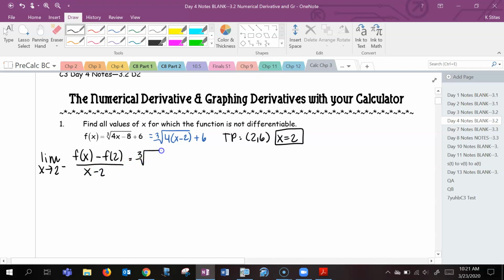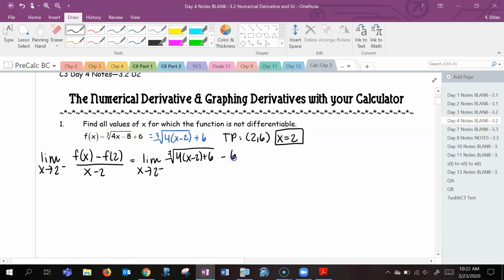Oops, I forgot my limit notation. Try that again. So f of x minus f of a is plugging in a 2, but you're just going to get 6, right? 4 times 2 is 8 minus 8.